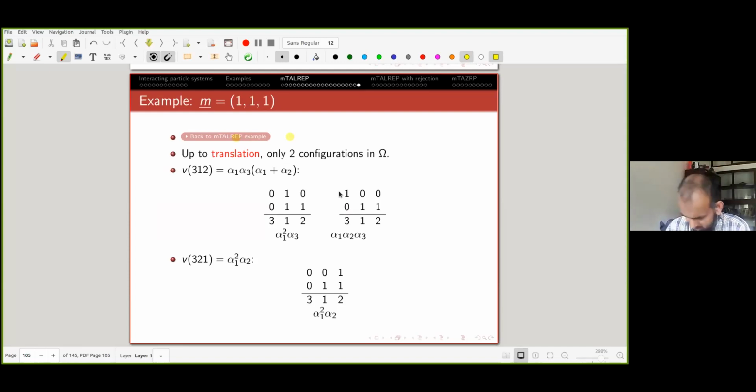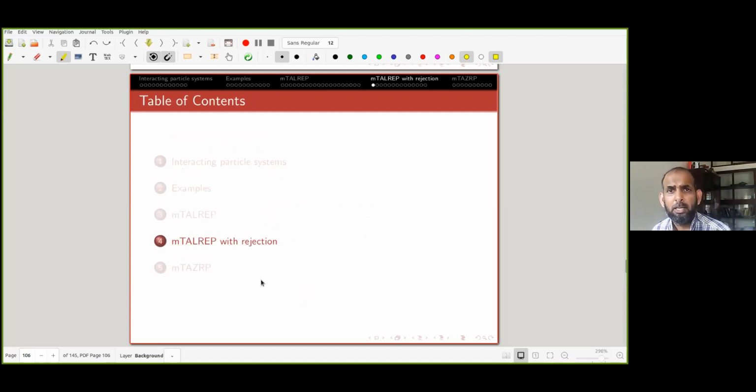Anyway, if you look at the configuration 3-1-2, then there are 2 configurations that project to it, this and this, and they have weights alpha 1 squared alpha 3 and alpha 1 alpha 2 alpha 3, and if you sum them, you get the stationary weight of 3-1-2. And similarly for 3-2-1, you have only 1, and that will give you weight alpha 1 squared.